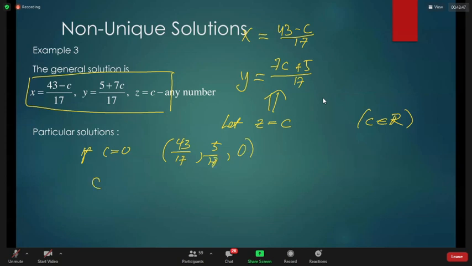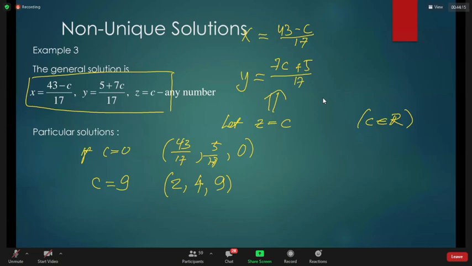If c is, I don't know, perhaps 9, we might get something nice. 43 minus 9 is 34. 34 divided by 17 is 2. 7 times 9 is 63. 63 plus 5 is 68. 68 divided by 17 is 4. And 9.